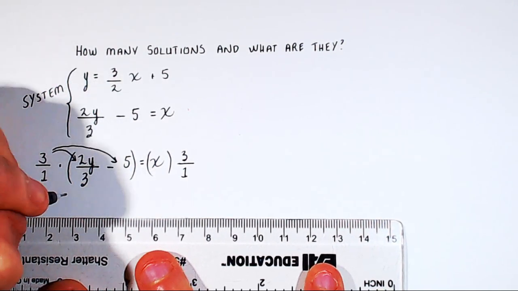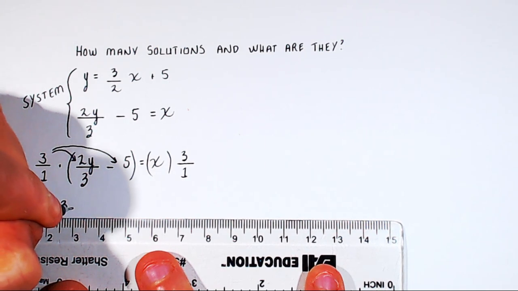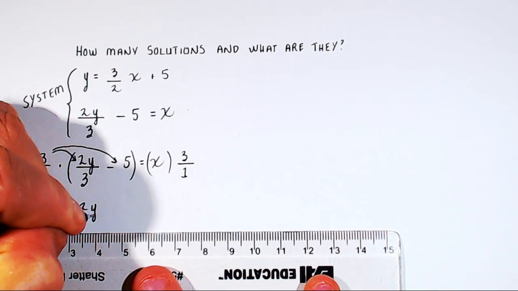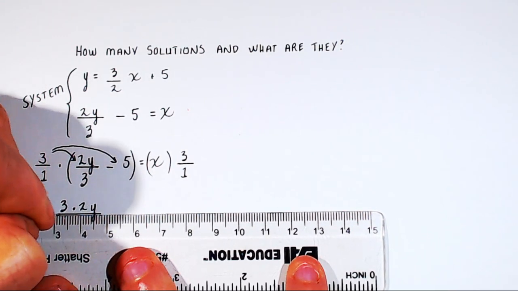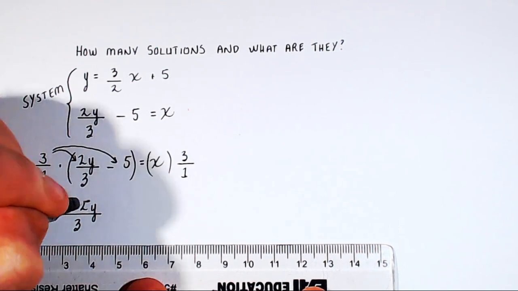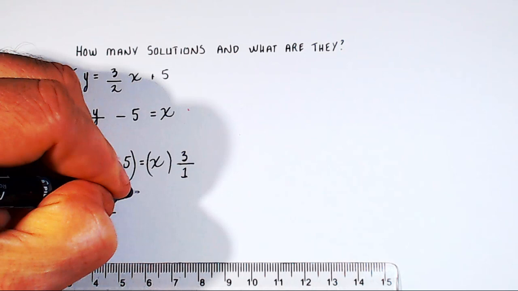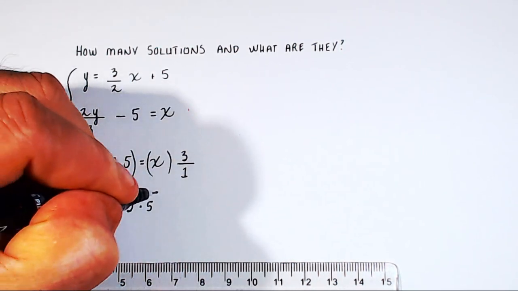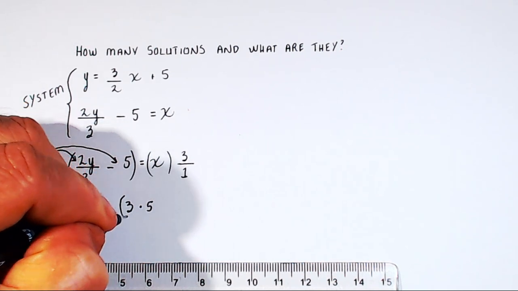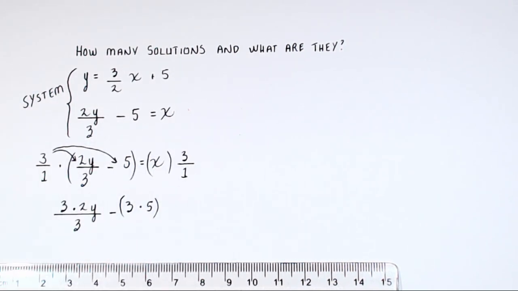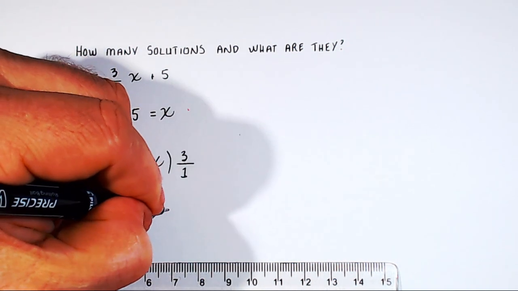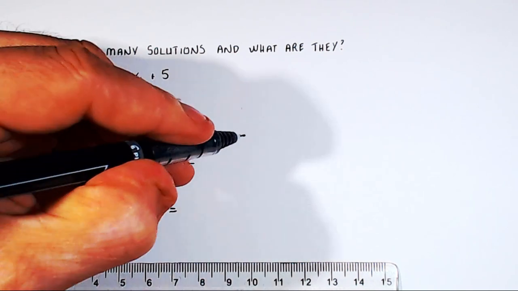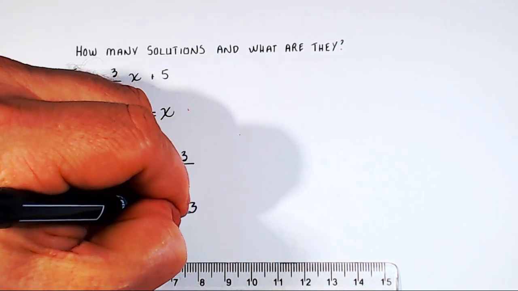All right, so I have 3 times 2y divided by 3 minus 3 times 5. Okay, that's going to be in parentheses. Equals, now we have to multiply 3 over 1 times x, and I end up with 3x.